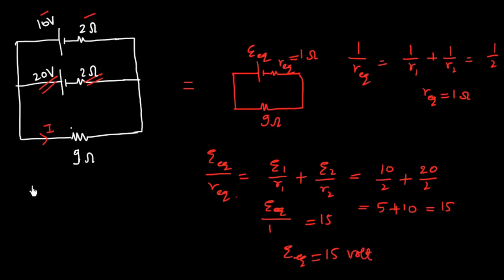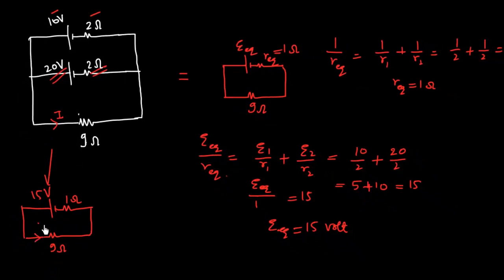So we can now replace this circuit with a single cell with internal resistance 1 ohm and 15 volt, and the external load as before, 9 ohm. So current I equals 15 upon 9 plus 1, that is 1.5 ampere.